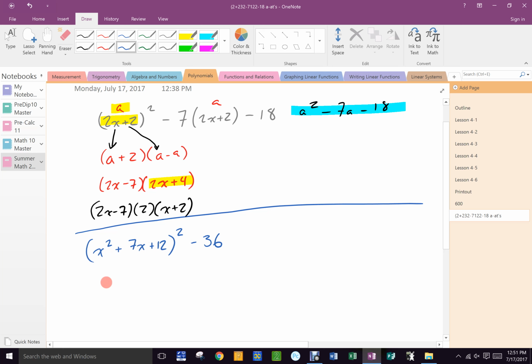So Fawaz says I take the square root of this, which is x squared plus 7x plus 12, and then I add 6. And then what do I do? Same thing again, but I subtract 6. Now what?